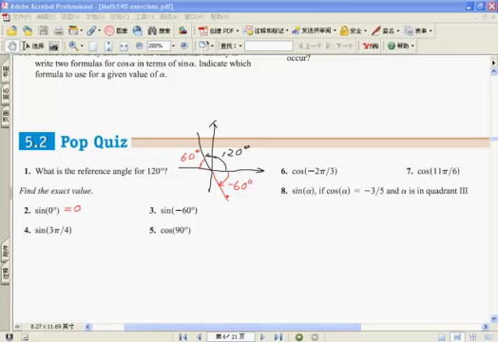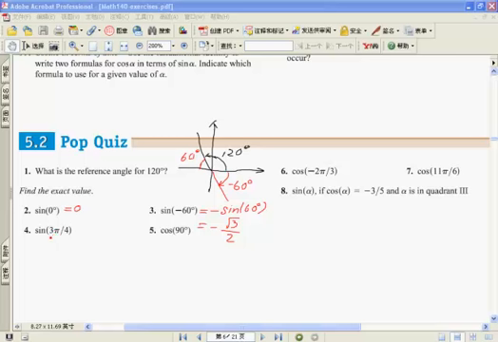And in quadrant 4, sine is negative. So sine of negative 60 degrees is equal to negative sine of 60 degrees. And sine of 60 degrees is equal to root 3 over 2. So this is equal to negative root 3 over 2.